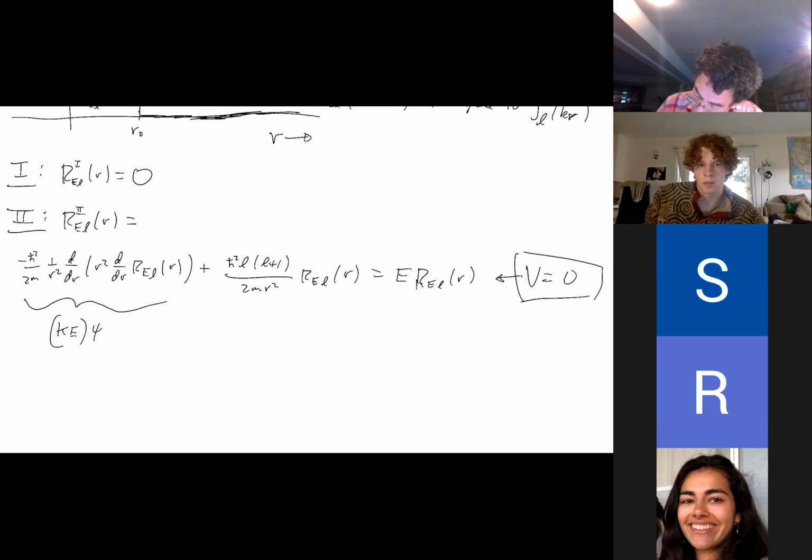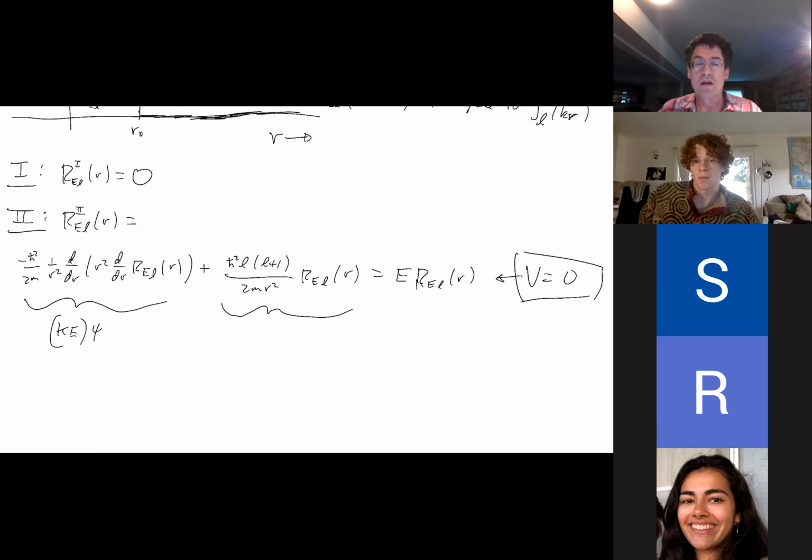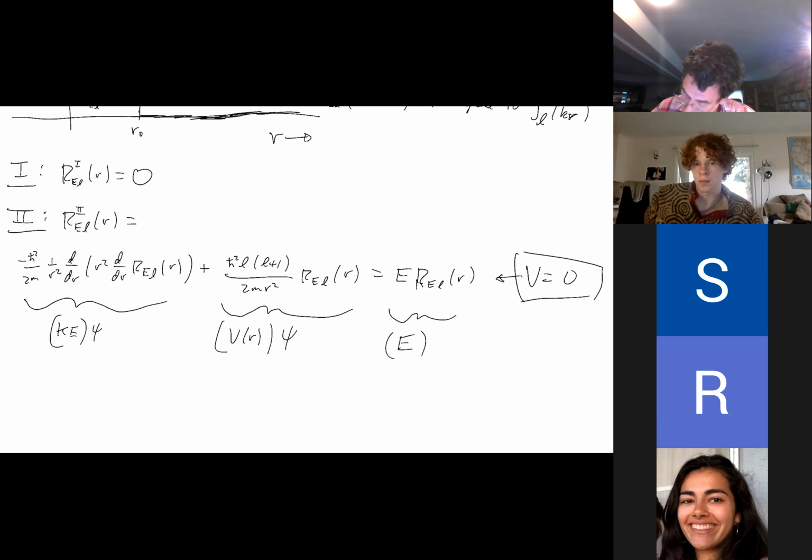And when I look at this part, that reminds you of something else. What does it remind you of? Of like a potential. Yeah, exactly. It reminds you of the potential times psi. And then this, of course, is E times psi.